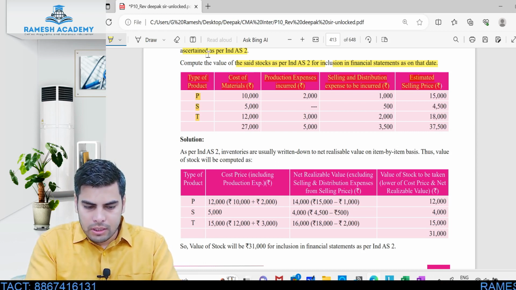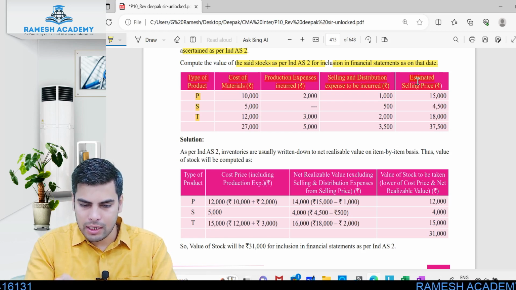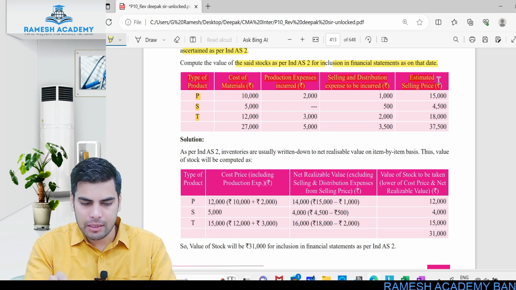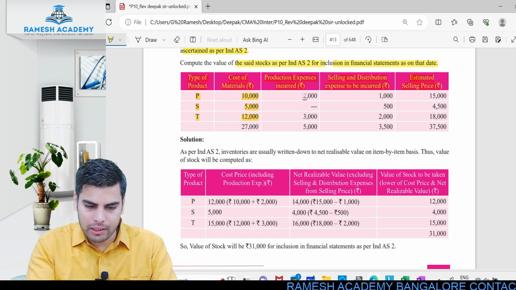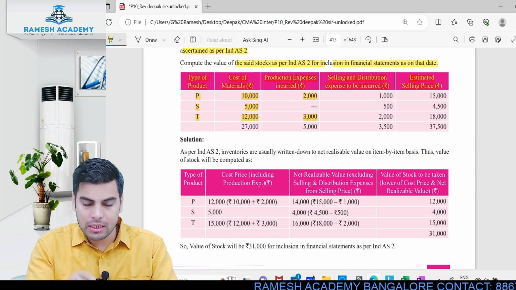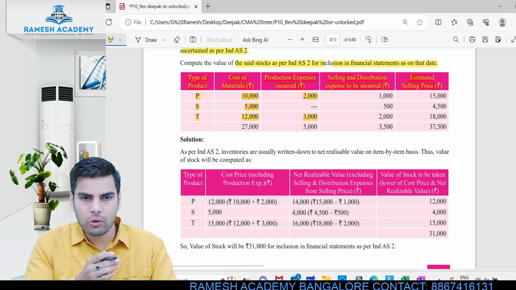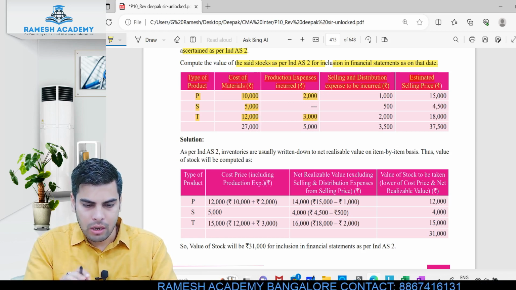Look at this. Cost of material has been given, production expenses incurred has been given, selling and distribution has been given, estimated selling price has been given. The cost of material is 10,000, 5,000 and 12,000. Production expenses, yes, that would be forming part of my cost. So when I consider the total cost, it is not only the cost of material but also the production expenses.